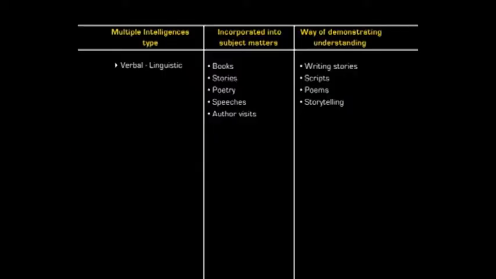Multiple intelligence type. Verbal linguistic: incorporated into subject matter, books, stories, poetry, speeches, author visits. Way of demonstrating or understanding: writing stories, scripts, poems, storytelling.